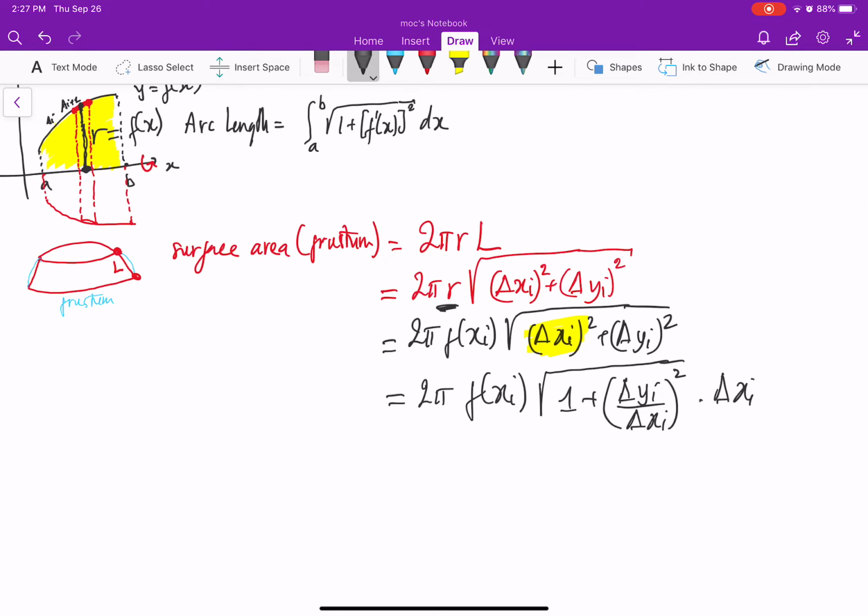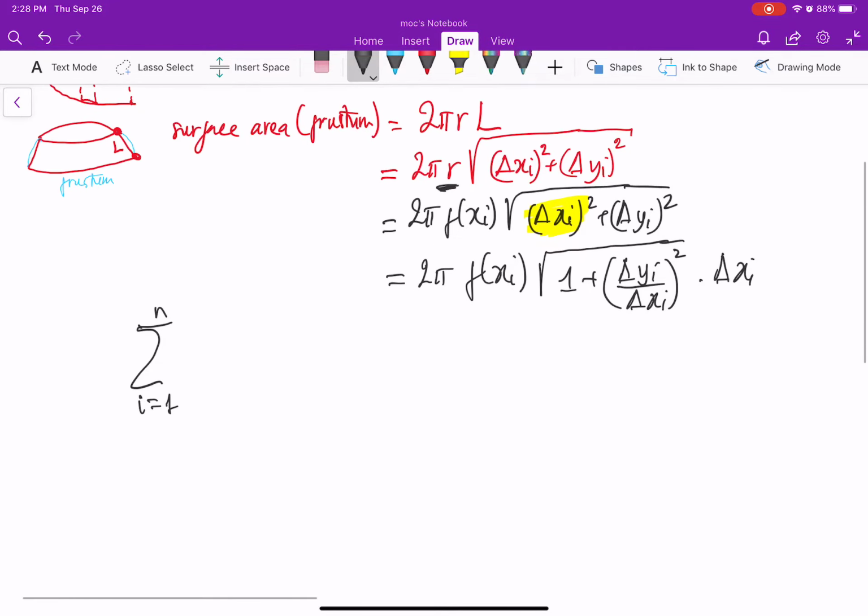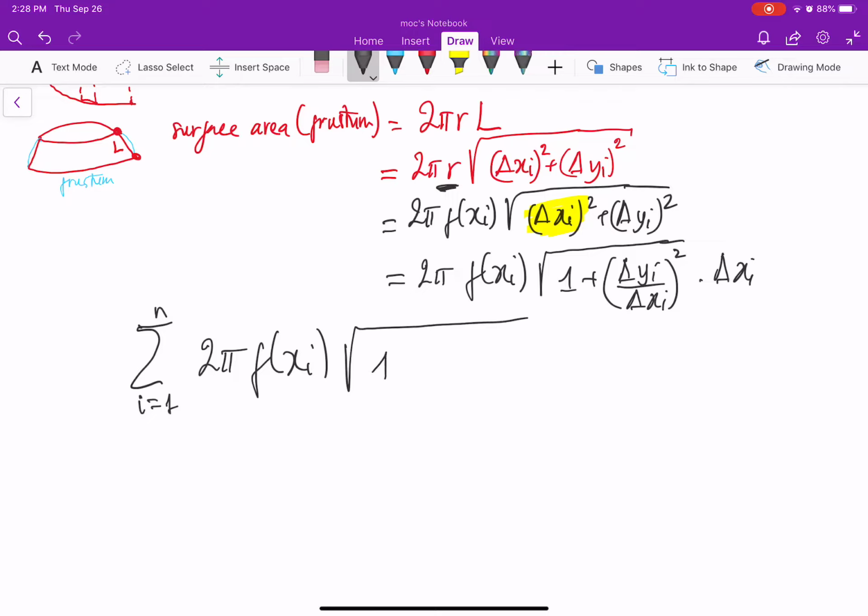And now we take the sum. We sum them up and we get the surface area of all frustums. So we get a Riemann sum from 1 to n of 2 pi f of x_i times the square root of 1 plus (delta y_i over delta x_i) squared, times delta x_i.